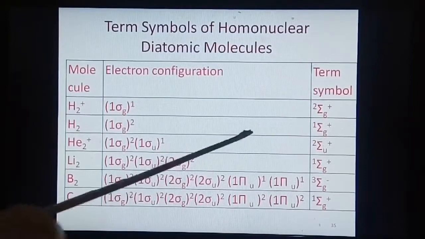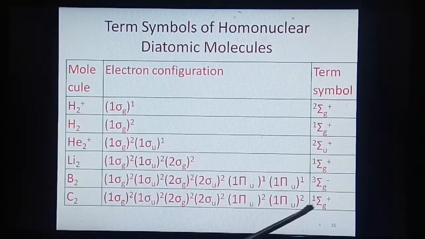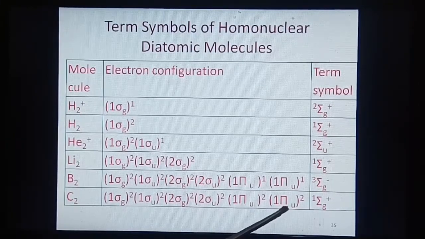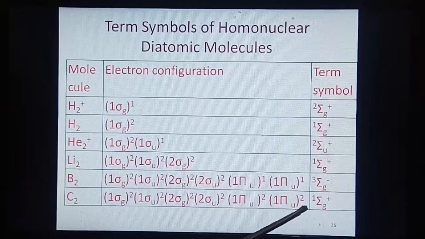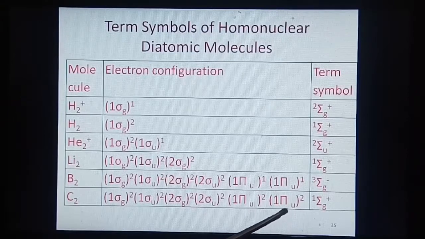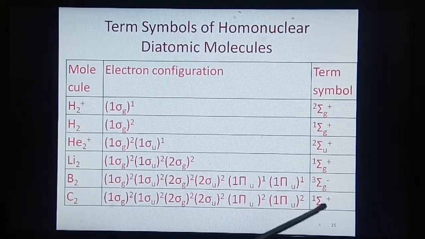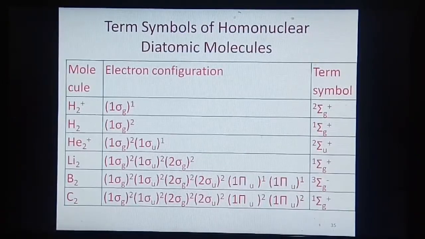In carbon C2, this is the outer electronic configuration. Here again both the electrons are in pi, so it will be sigma, and g parity since u times u is g, spin multiplicity will be 1, and the symmetry will be plus.